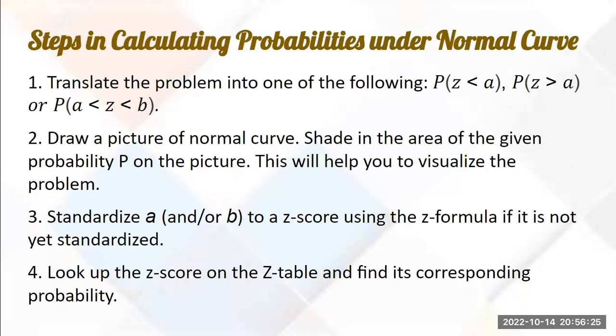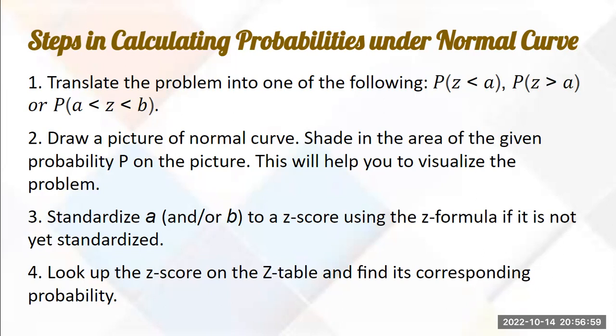And these are the steps in calculating probabilities under the normal curve. Number one, translate the problem into the following. These are the three: the probability that Z is less than A, the probability that Z is greater than A, and the probability between A and B. When it's less than, that's to the left.